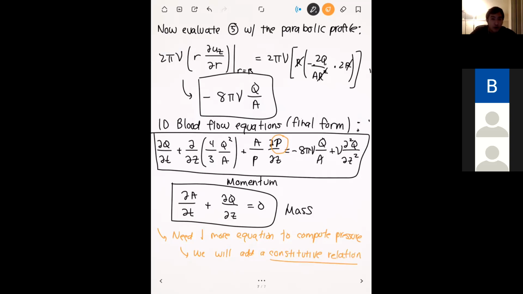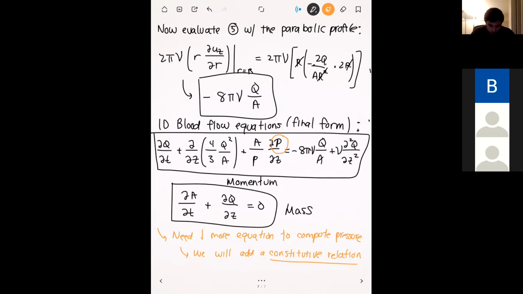A constitutive relation is a very special type of equation, and what it does is relate pressure to wall deformation. In this case, we're going to have an equation that relates pressure and area. It's an algebraic equation, not a differential equation, thank goodness. But it's something we need in order to complete this set of equations, or to close the loop.